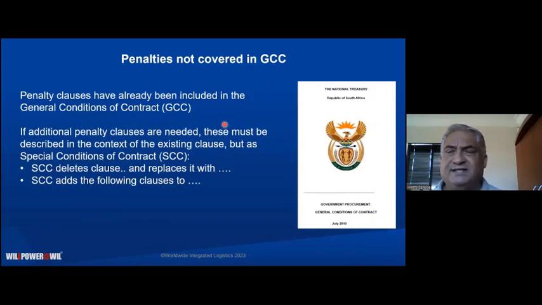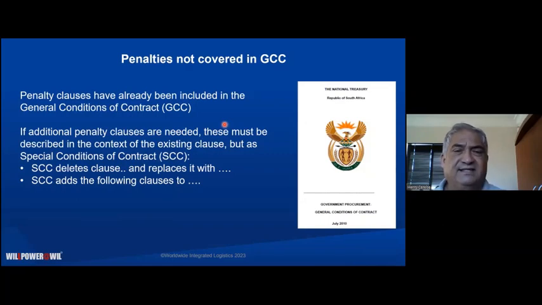So what is it that we need to do? Those general conditions of contract are there, but you can see there's not a lot in terms of penalties. The only thing it says is, if you're late, we can charge you the equivalent of the prime interest rate per day that you're late. And that's not necessarily always punitive enough, if I can put it that way.